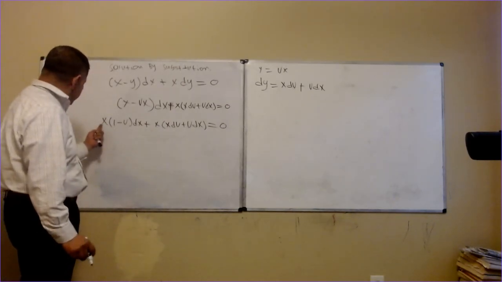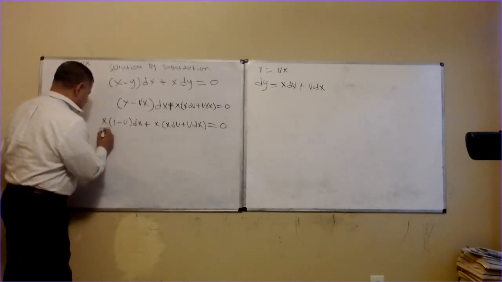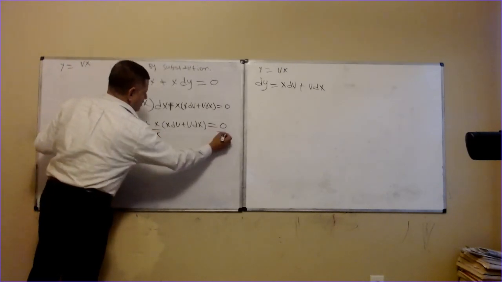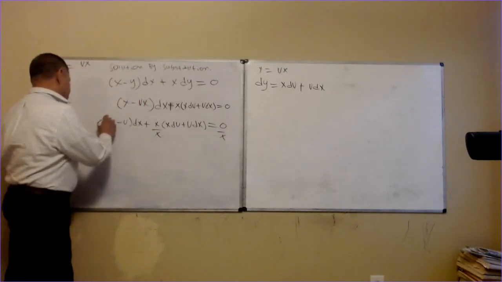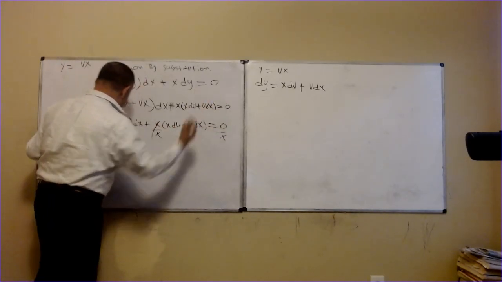As you can see, I have an x in both terms, so I can divide both sides by x, and that is gone, and of course 0 divided by x is 0.